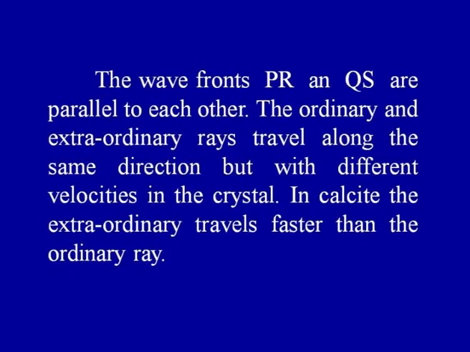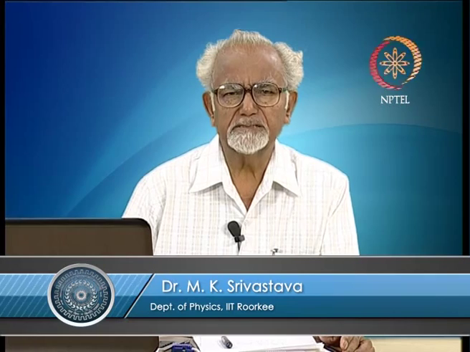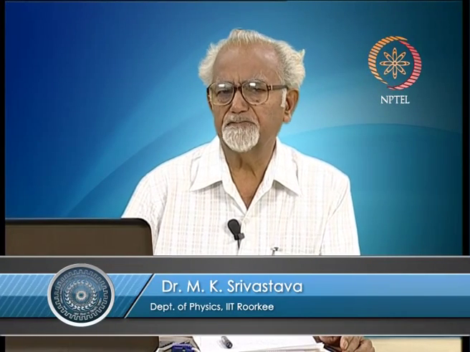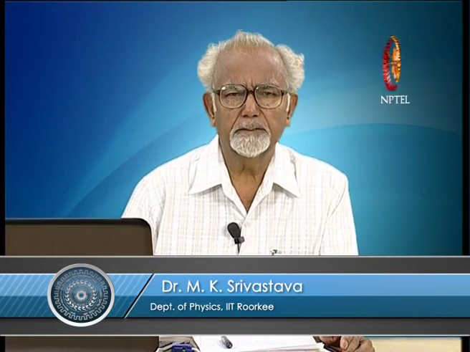The wavefronts PR and QS are parallel to each other. The ordinary and extraordinary rays travel along the same direction, but with different velocities in the crystal. In calcite, the extraordinary ray travels faster than the ordinary ray.